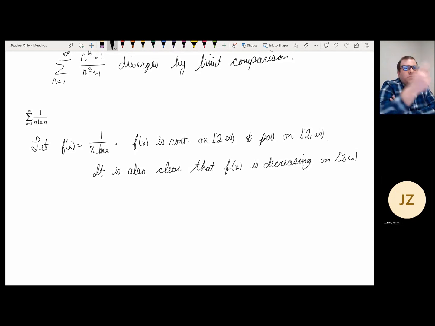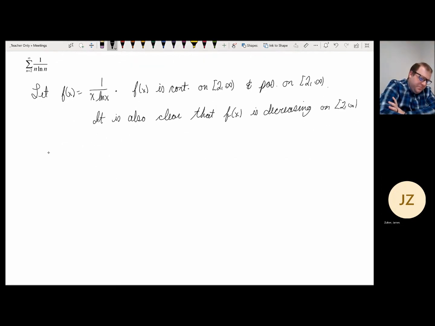Yeah, if you don't see it, take the derivative, which is a fun derivative to take. So we want to take that integral.